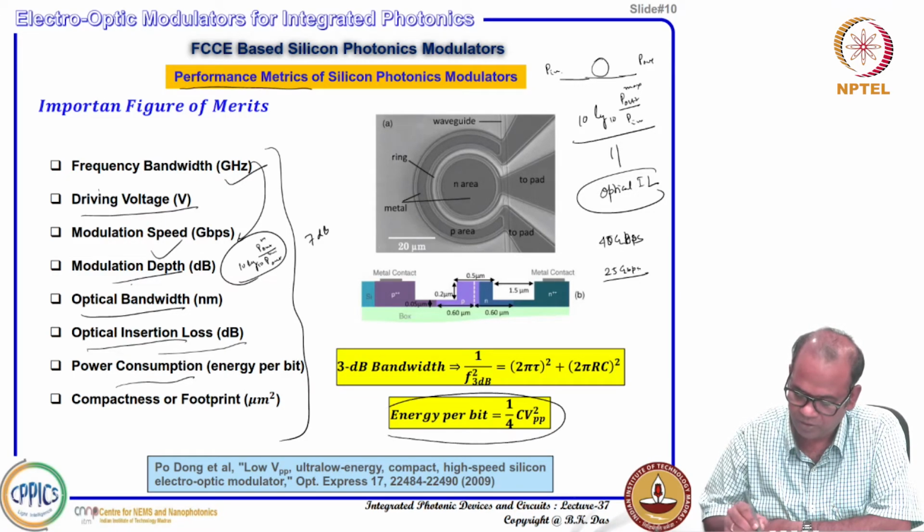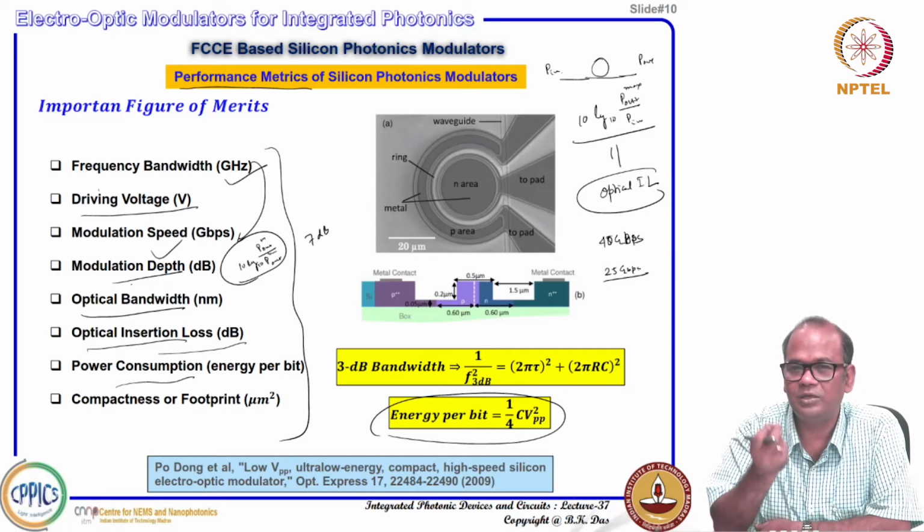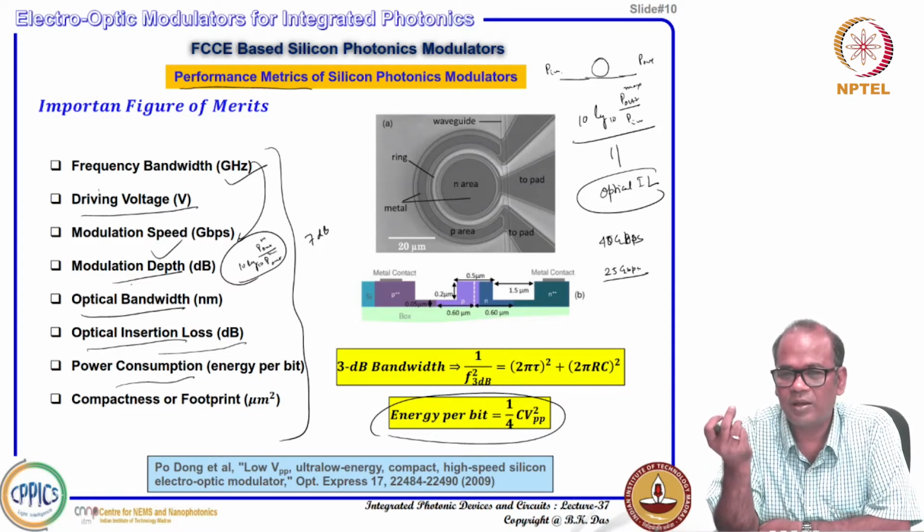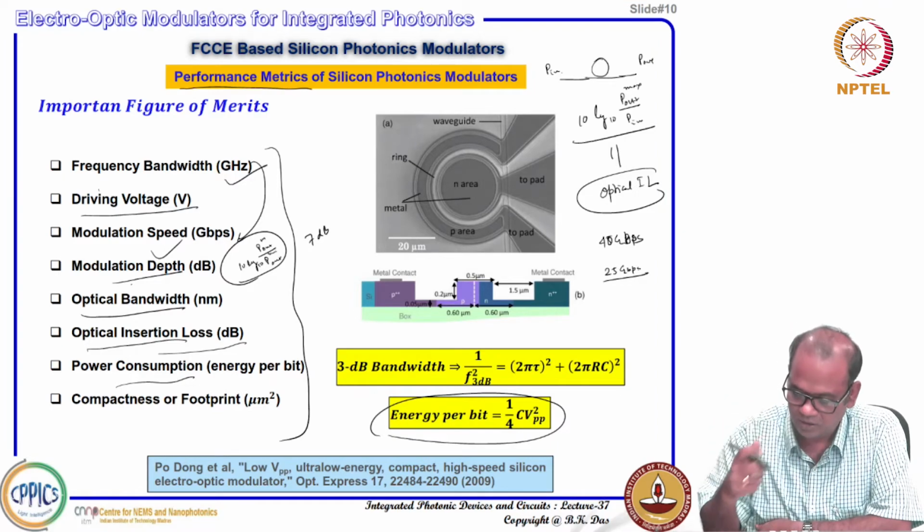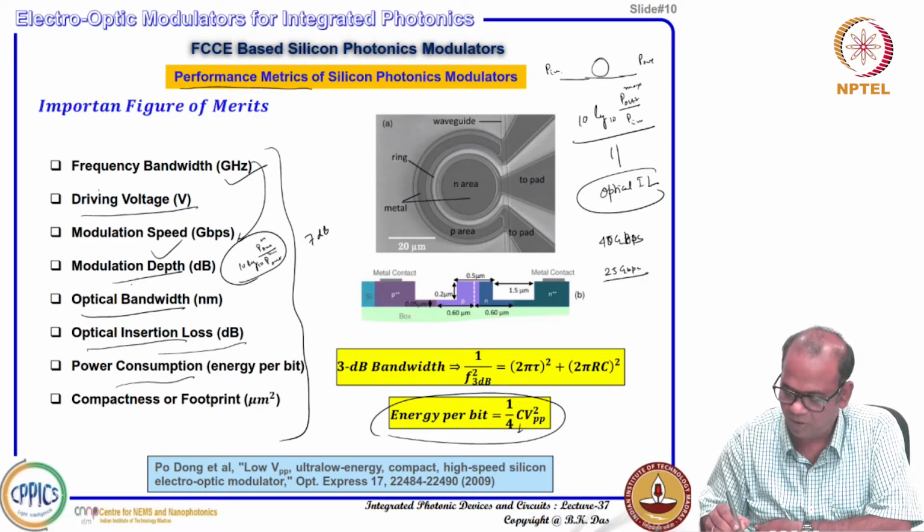But the benchmark for the electrical power per bit of transmission is calculated by this formula. Suppose you are using a depletion type or MOS type capacitor, the capacitor has a certain value, and your modulation peak to peak voltage is VPP. Then energy per bit can be shown to be 1/4 C VPP squared.